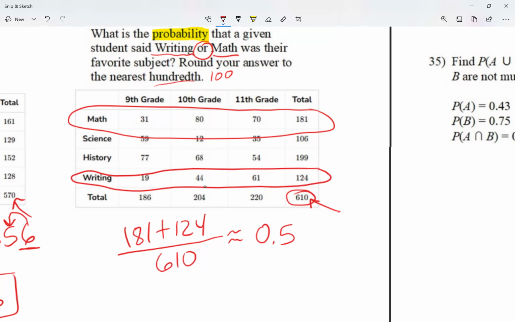Well, I was supposed to have two decimal places, but I don't need any more, so it's just going to be 0.5. Good. If you write 0.50 because you need to see your two decimal places, 0.5 and 0.50 are the same thing.